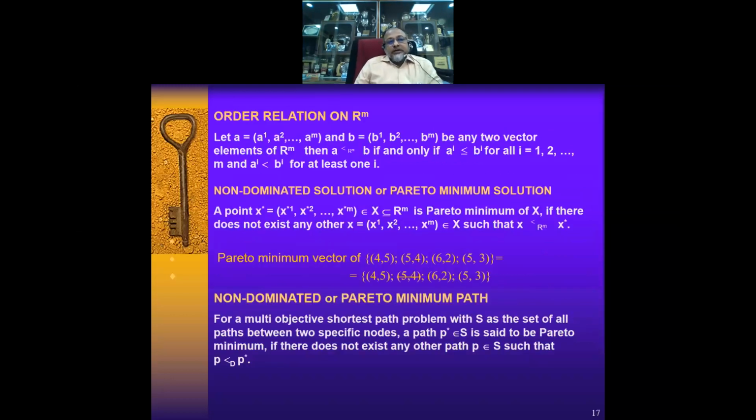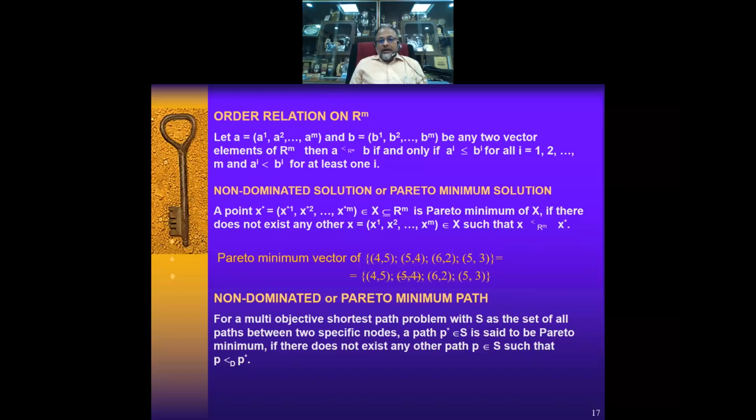Now, what is our order relation? Many of you may already know about the order relation on R power m. Let A be an m-tuple and B be another m-tuple, two vector elements of R power m. A less than B in terms of order relation means that, if and only if A_i, that is the ith component of A, is less than or equal to the corresponding ith component of the other vector, B_i, for all i equal to 1 to m.